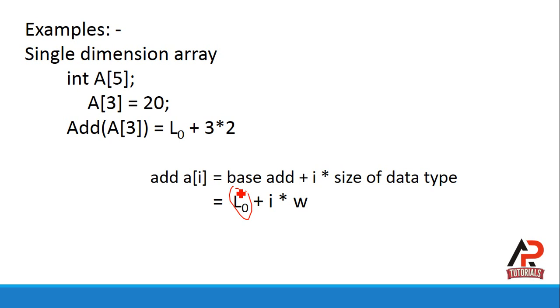Here W is the size of the element, that is the data type. The size of the element depends on whether you are using integer, float, double, or whatever.